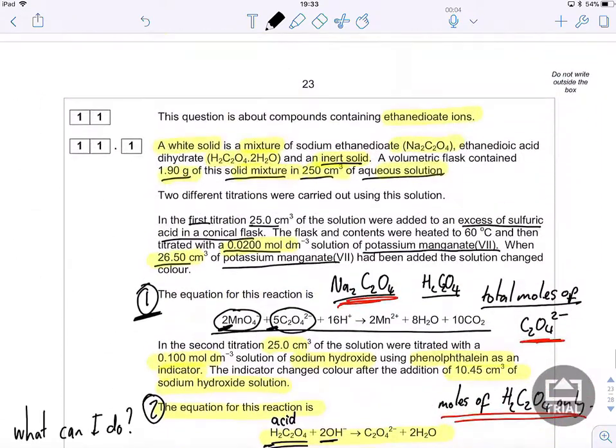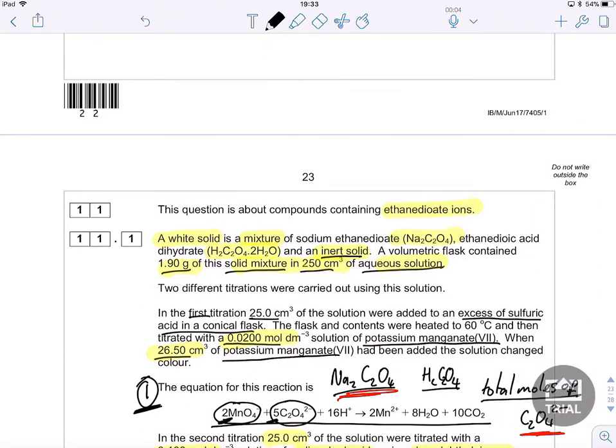Okay, I go back and have a look. That was 25 cubic centimetres from a 250 cubic centimetre solution.